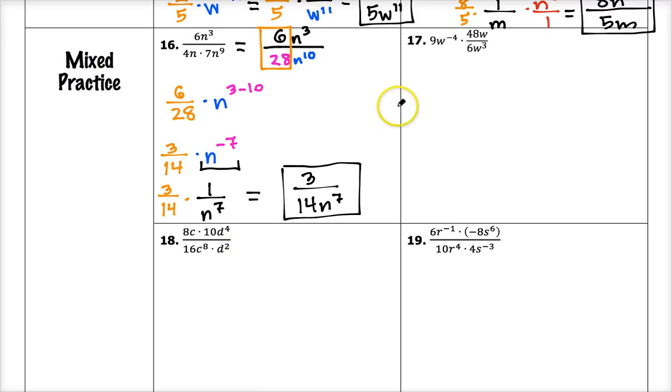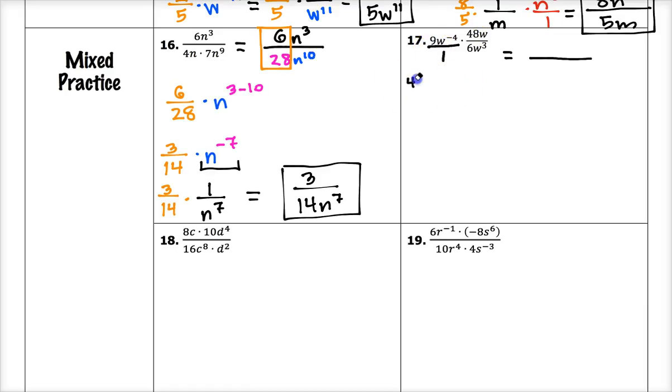17, we have 9 w to the negative 4th times 48w over 6w to the third. So because this is all multiplication, I can rewrite 9w to the negative fourth as 9w to the negative fourth over 1. And now let's multiply these fractions all together.